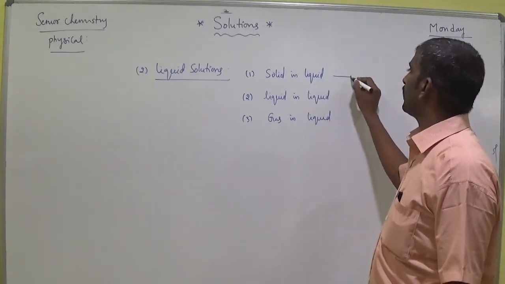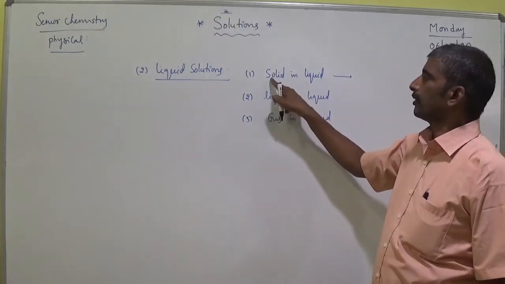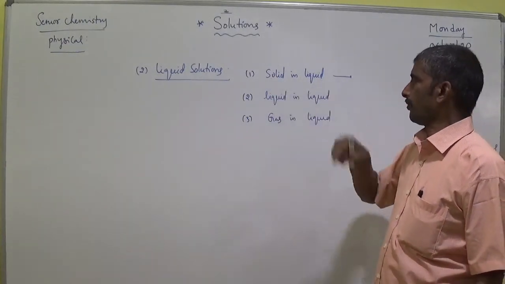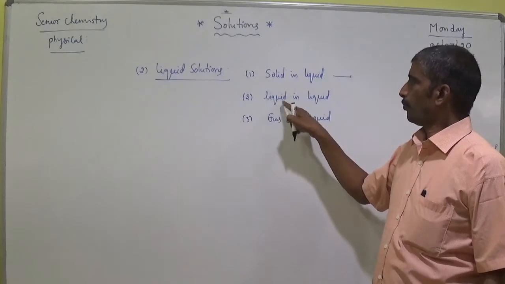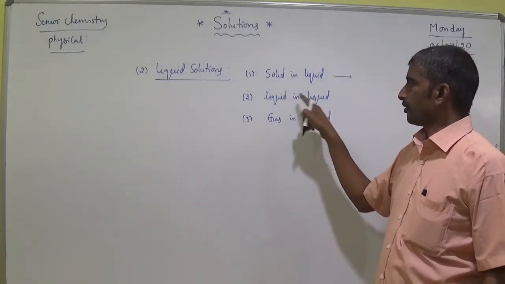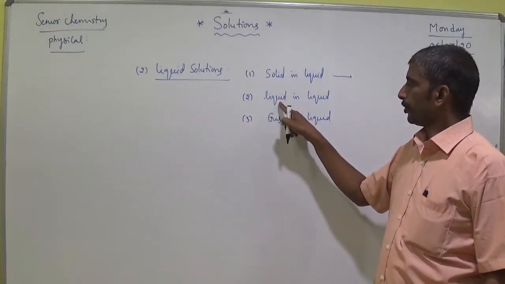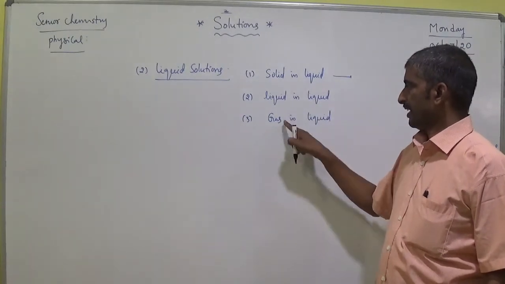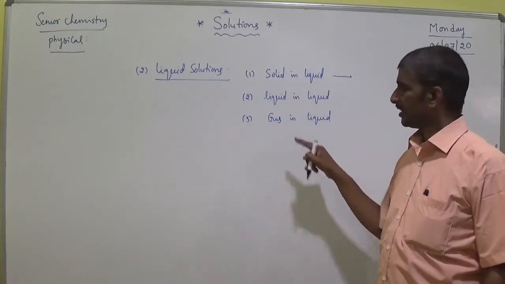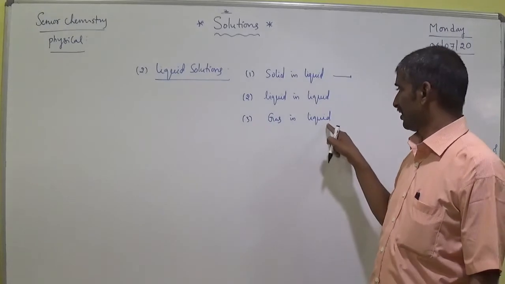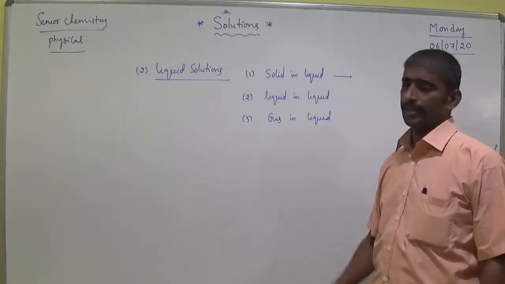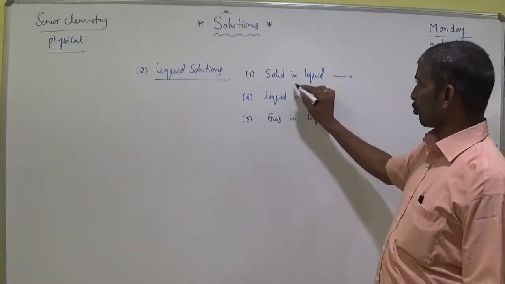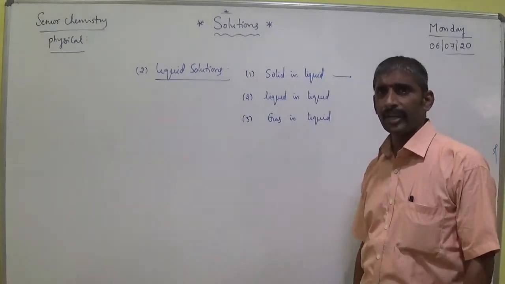Solid in liquid: the solute is solid, the solvent is liquid. In liquid in liquid, both are liquid, one liquid solute and one liquid solvent. Gas in liquid: the solute is gas, the solvent is liquid. First, solid in liquid type solutions.